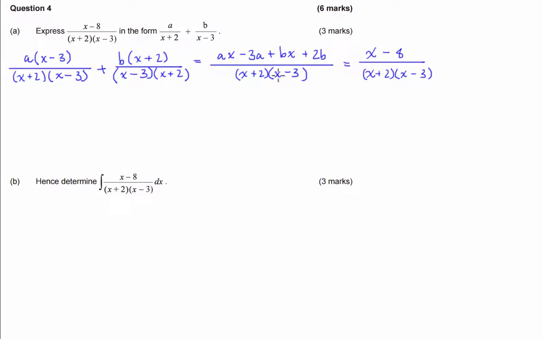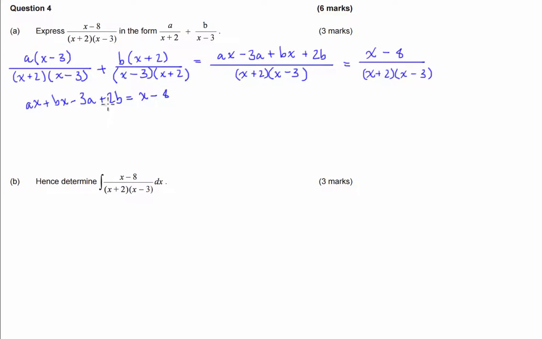From here, we don't have to work on the denominator anymore at all. So we're going to join together our like terms. Here we've got ax plus bx, then we've got minus 3a plus 2b equals x minus 8.